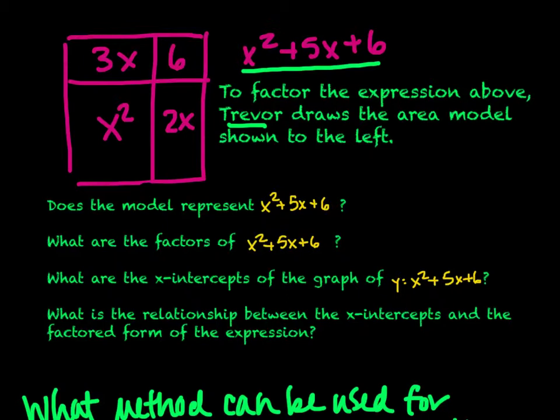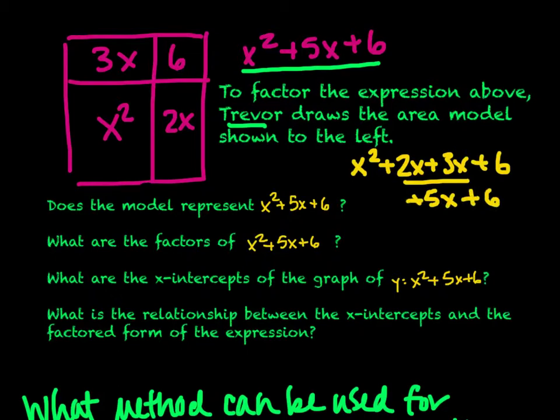I sure hope you're screaming, yes, of course it does, because x squared plus 2x plus 3x plus 6 can simplify because we have like terms here. We have 2x and 3x, they can be added together, and we'd end up with 5x. We still have our plus 6, and we still have our x squared. So does the model represent that particular equation? Yes. Awesome.